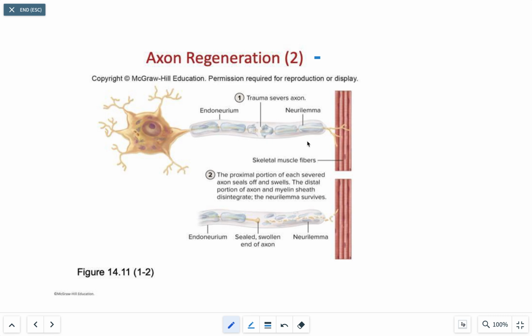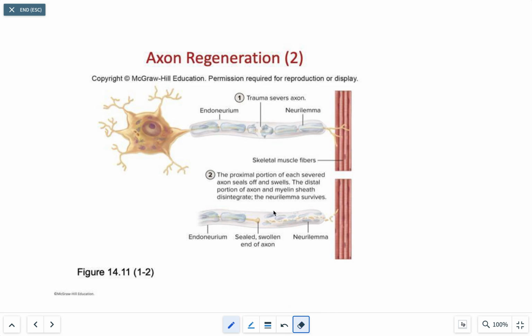The first thing that we see is the effector here, the muscle tissue, and we see that there has been trauma that's occurred at the end of the axon. In step one, the axon distally, or further away from the injury site, is the first thing that we're going to see degenerating.